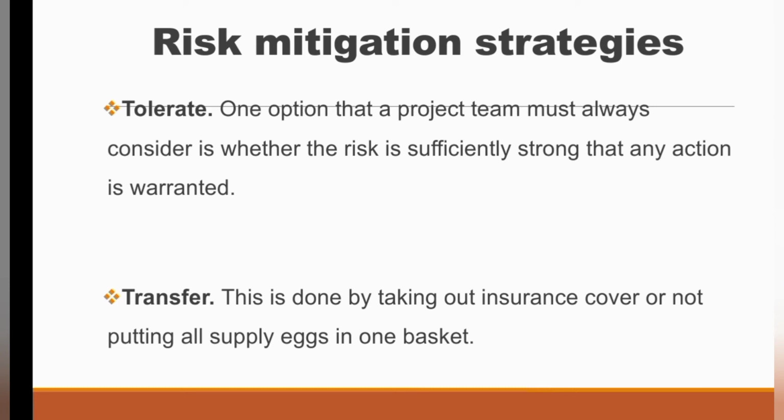As and when needed, an order may be placed for the supplier to deliver, to hedge against price fluctuations. So, transfer of risk is another means which the project team and the project manager can use to manage project risk.